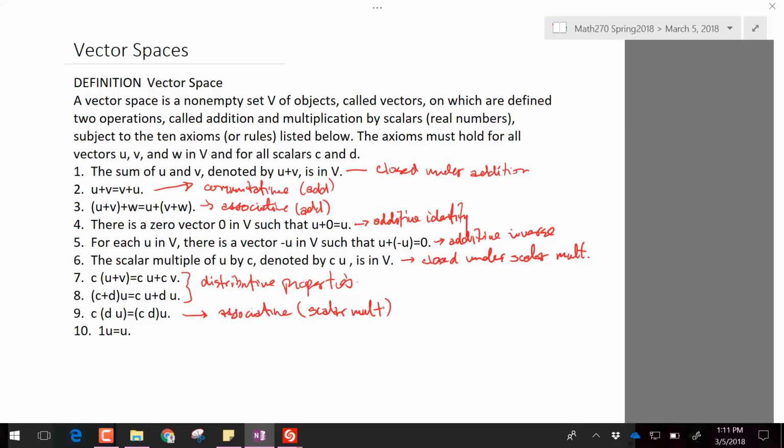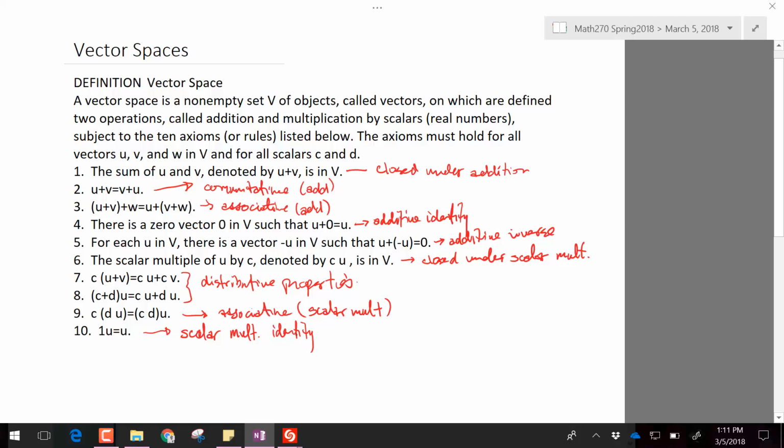And then similar to the additive identity, there's a multiplicative identity, but it's not just a regular multiplication. It's a scalar multiple identity. Okay.